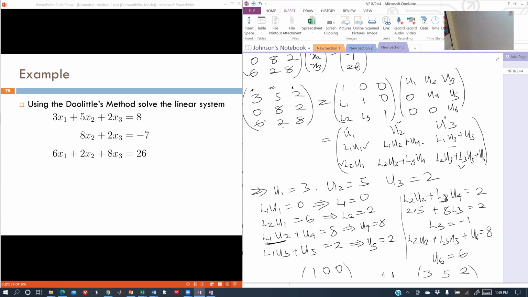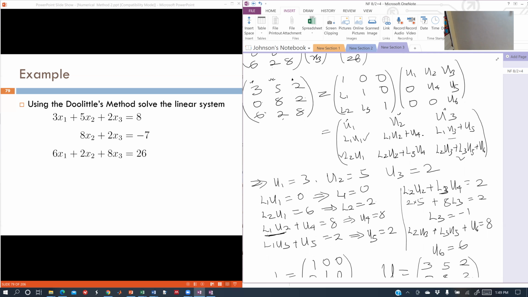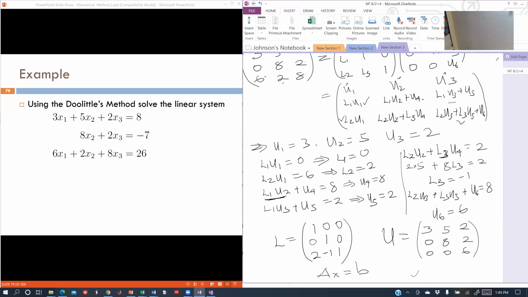ABC is okay. Then the upper triangular must be an upper triangular where all the entries below the diagonal are zeros, but the diagonal and above are other entries. But remember, the lower triangular has strictly 1, 1, 1 entries on the diagonal. So that is our LU decomposition using the Doolittle method.